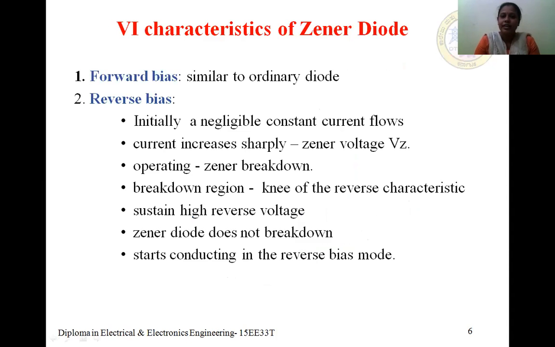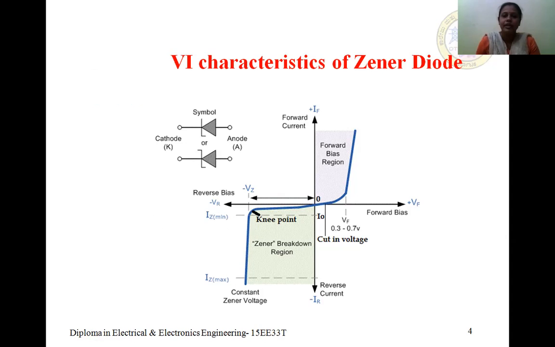Next, the current increases sharply at the Zener voltage Vz. In this graph you can see a small leakage current flowing, and at the point Vz there is a sudden increase in the current.